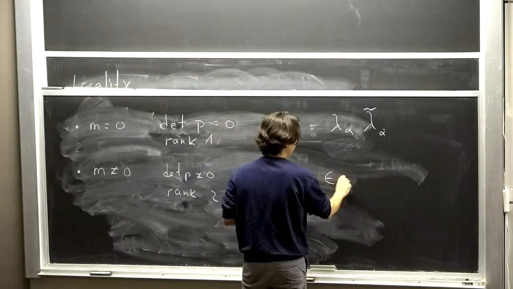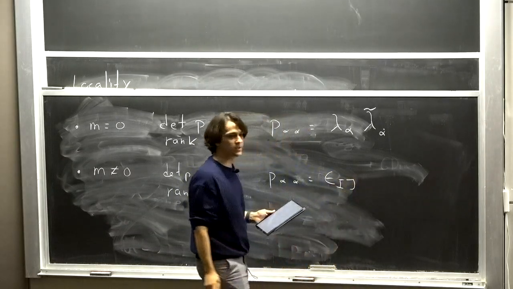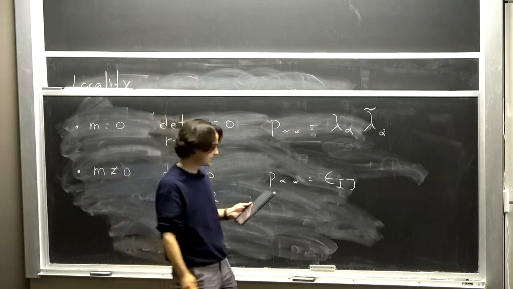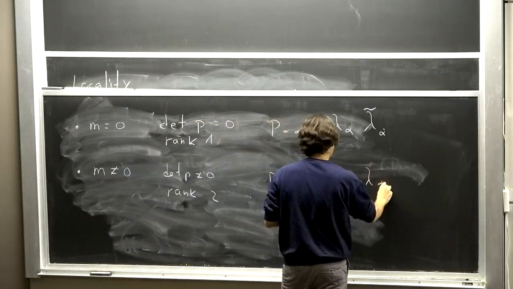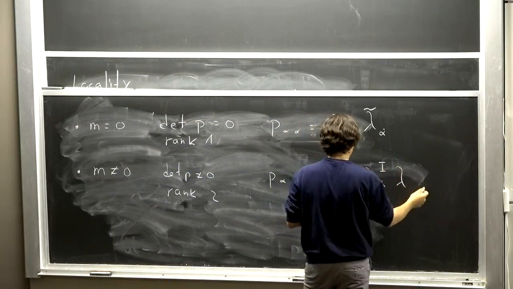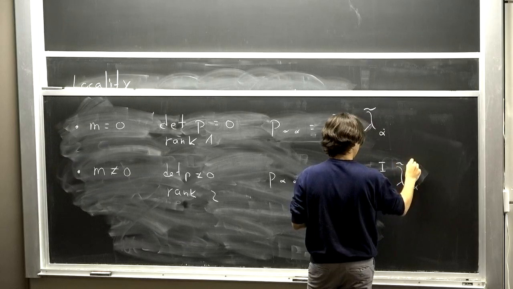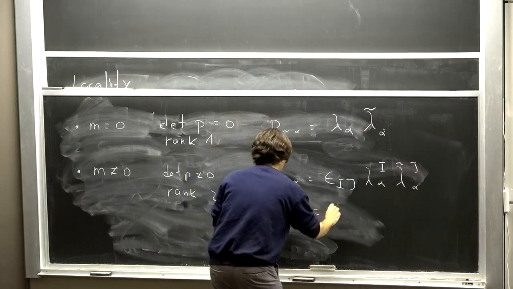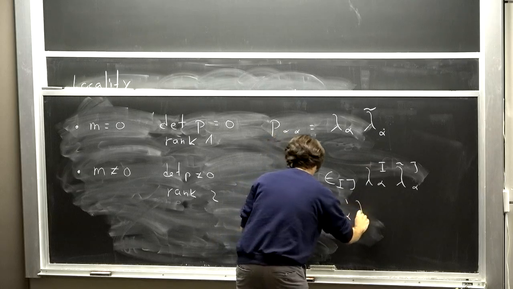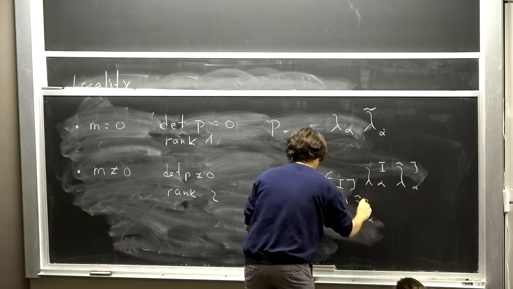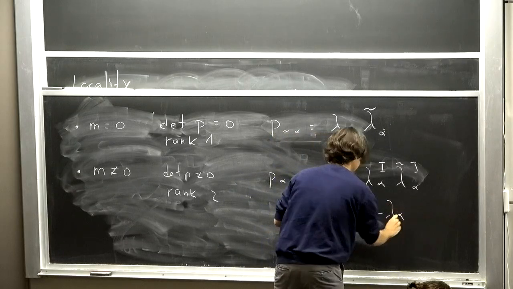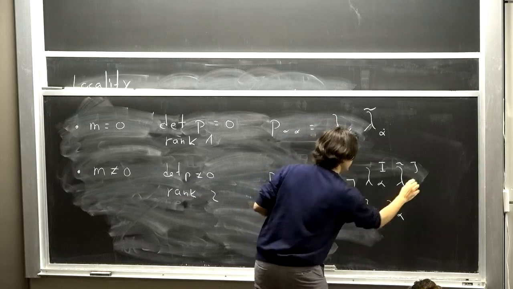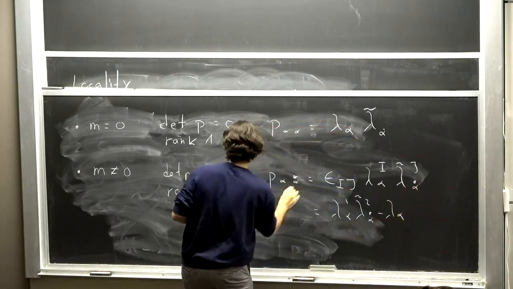Actually, for convenience, I use this epsilon ij, which is the usual antisymmetric tensor, and I'm going to write it like this, and you'll see later why. So just to spell it out, this is lambda alpha 1, lambda tilde alpha dot 2. Sometimes your dotted indices are hard to distinguish from non-dotted.